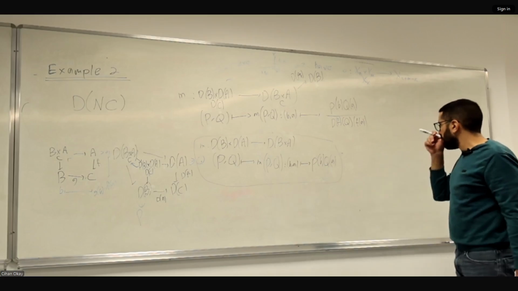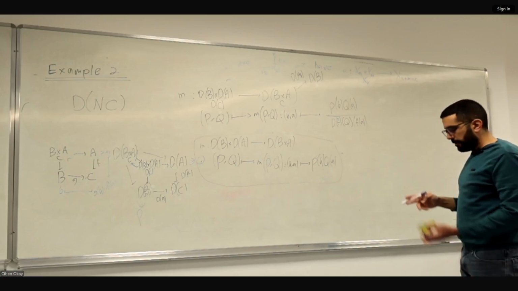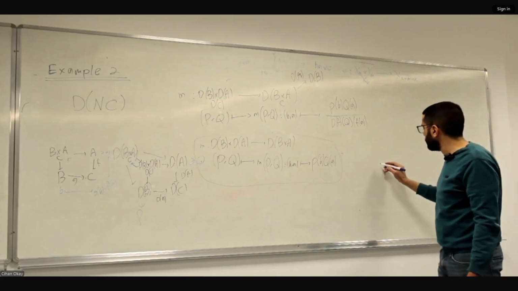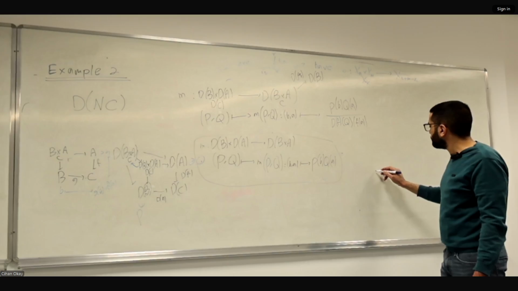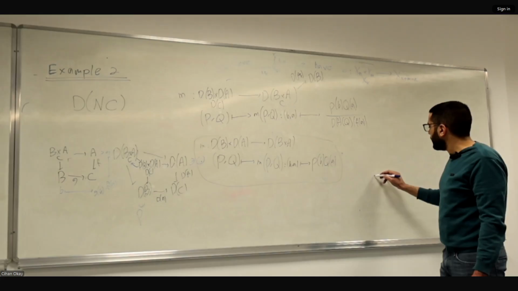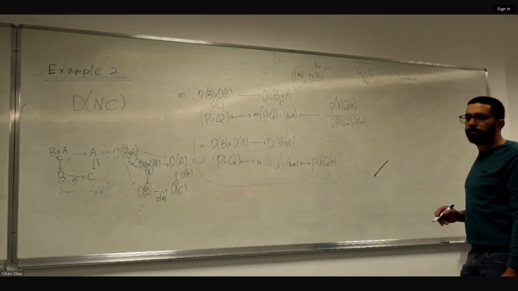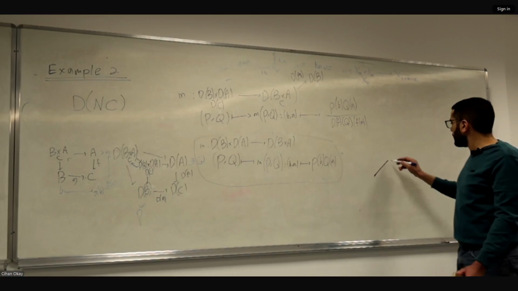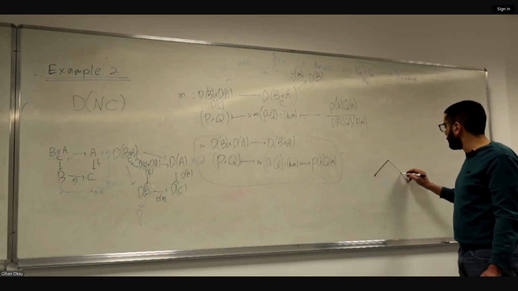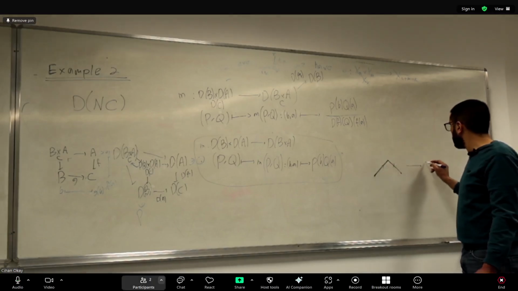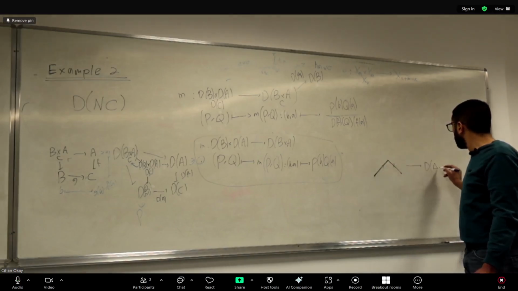So maybe in terms of simplicial, let me give you some example. When we have some simplicial distribution, let's say from this to delta zm.